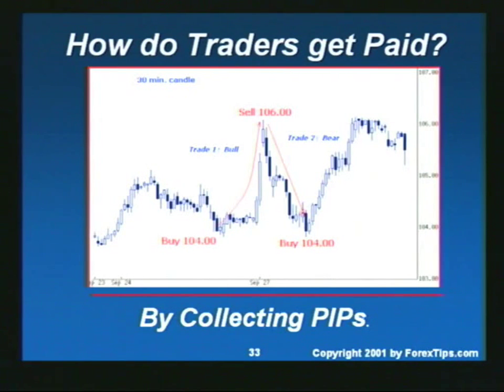Now, let me explain to you the difference between trading stocks and trading currencies. In the stock market, this is called the stock price over here to the right. In the currency market, this is called the exchange rate. This is exchanging, and as a matter of fact, we're looking at the Japanese yen traded against the US dollar.